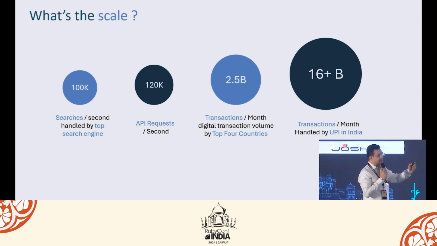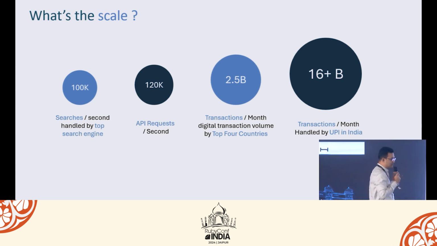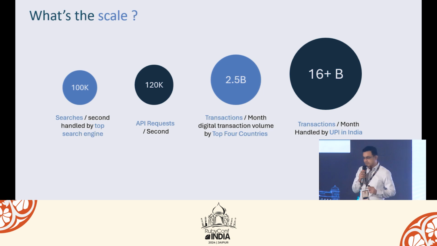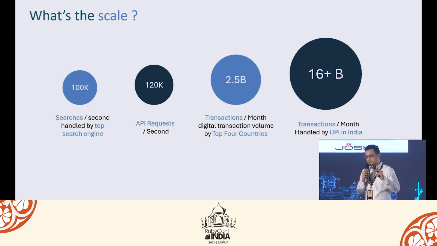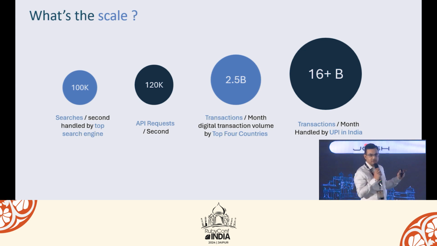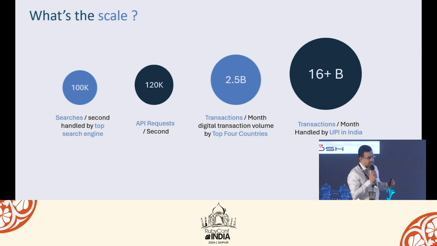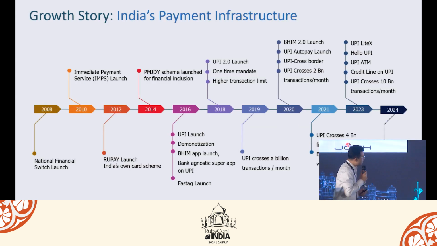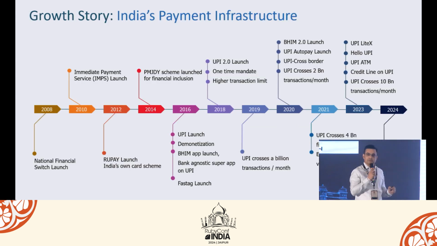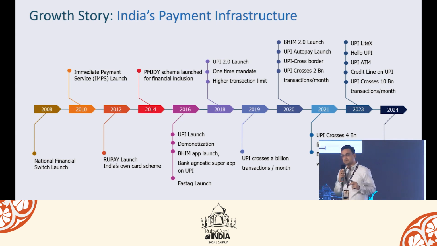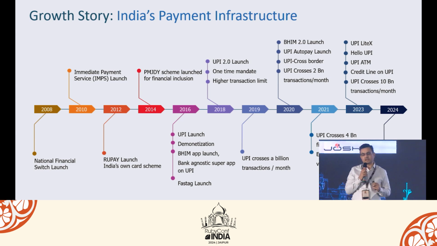So look at the scale that we are approaching, and this is just to give you a context or a perspective. This is not just a technological marvel. This is now the new global benchmark that we are setting in the world. UPI is now the largest global payment system, processing 16 billion transactions every month.